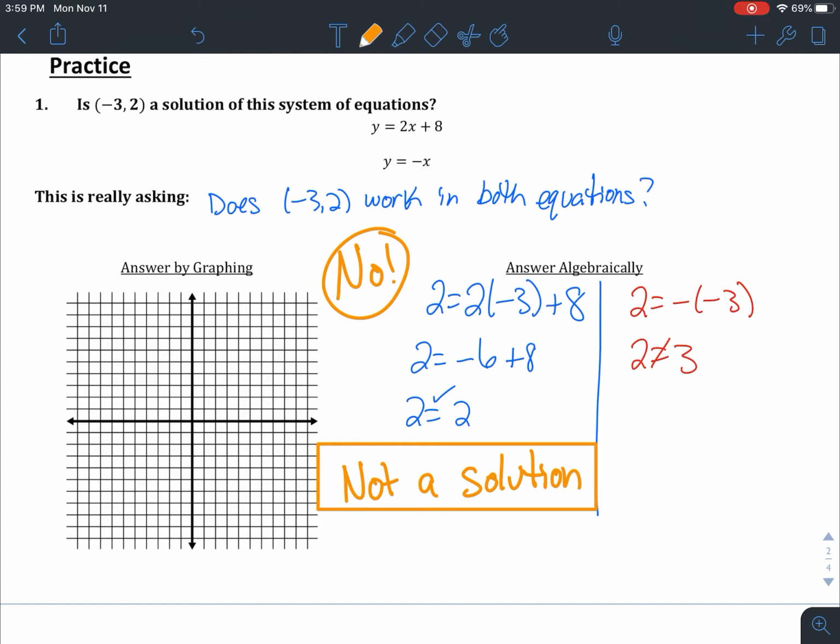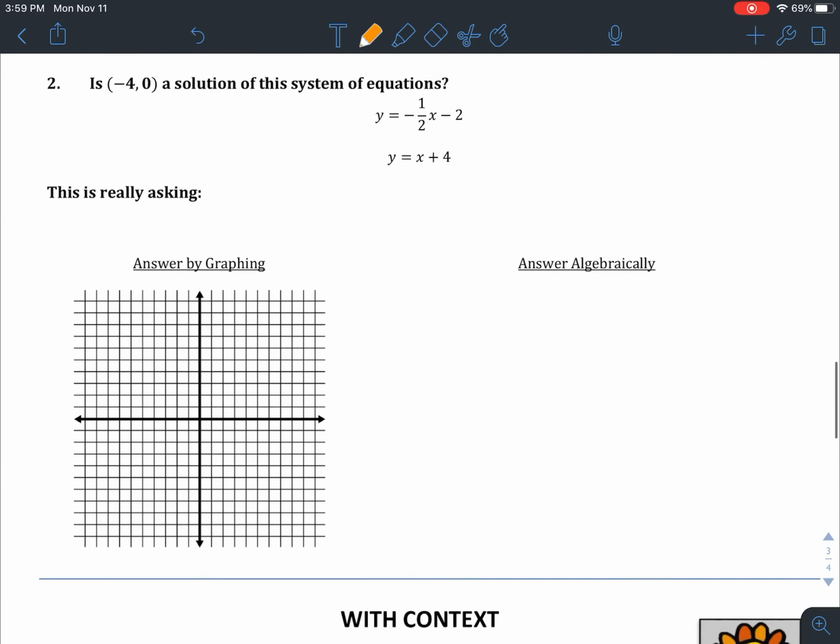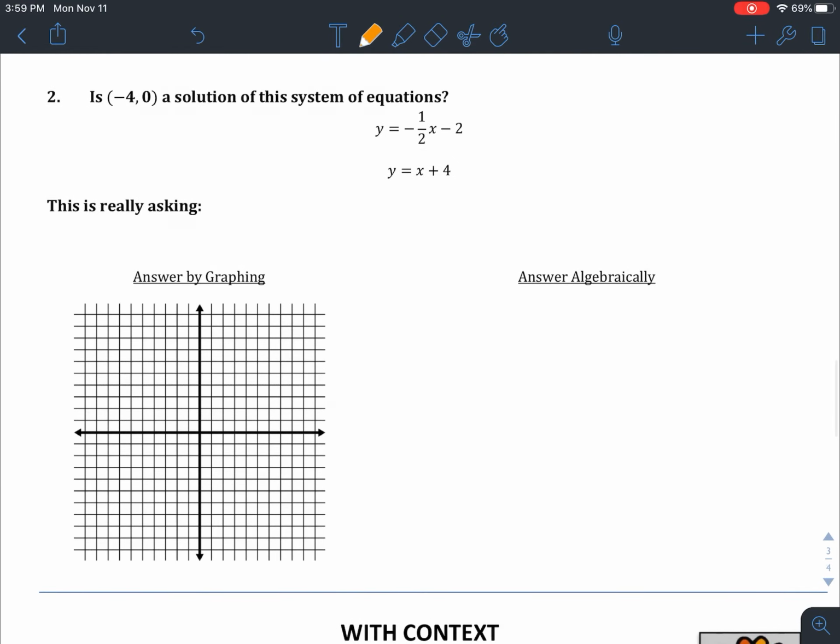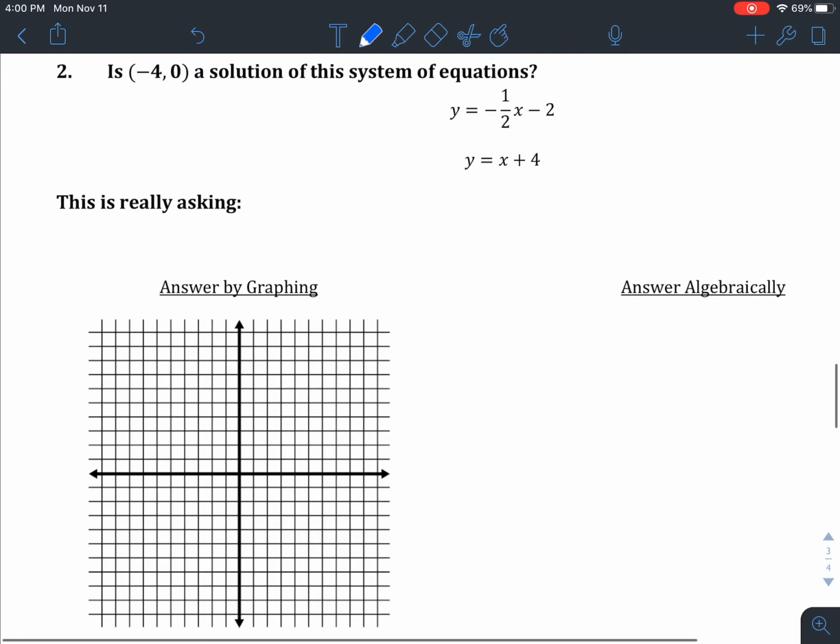Again, you would then go ahead and graph each of the two lines. In this case, you would see that the point negative 3 comma 2 is on the top line, but not on the bottom line. So for number 2 here, if we're trying to check to see if negative 4 comma 0 is a solution from this system of equations graphically, we would graph each of my two lines.